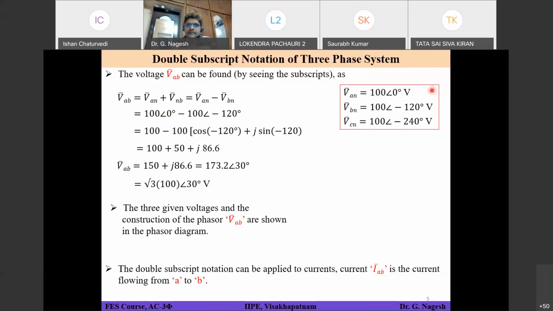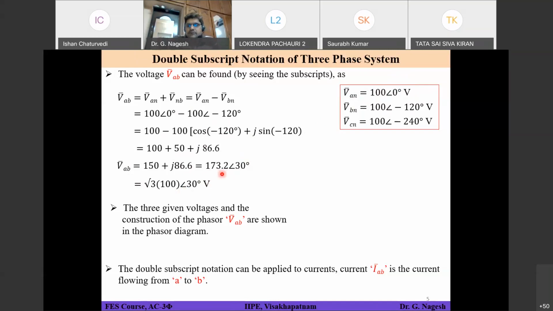You are understanding now? The phasor reference we have considered is VAN equals 100 at an angle of 0 degrees. So with respect to VAN, VAB is going to have a 30 degree leading angle and a magnitude of 173.2 volts. Is it clear? So with respect to AN, you are going to have AB 30 degrees ahead.